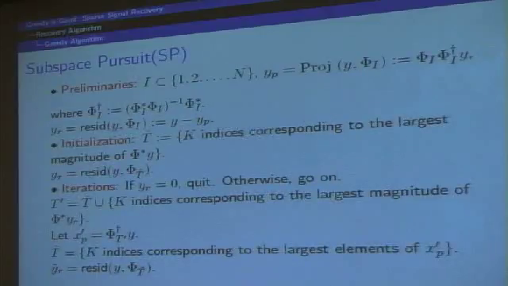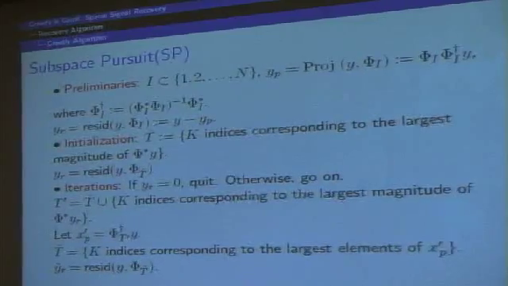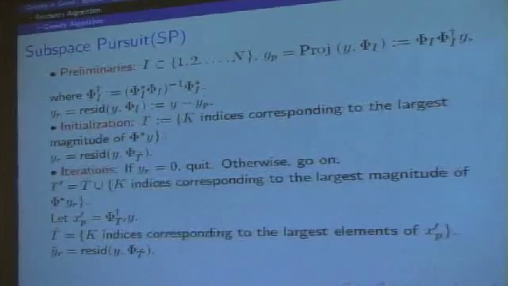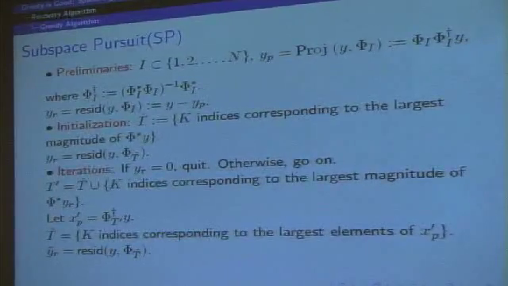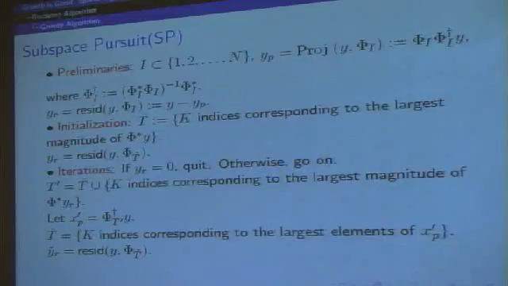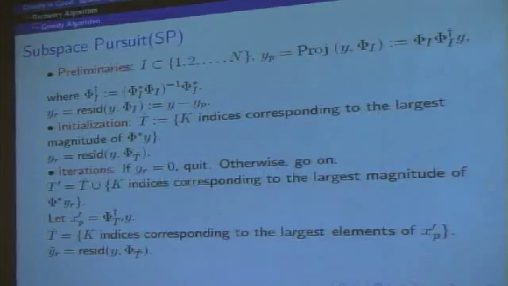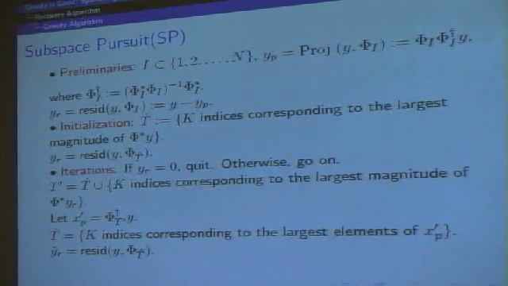And for iterations, we check first whether this yr equals 0. If this gives us 0, we quit our iterations. Otherwise, we go on, and we find this set T prime. T prime equals T hat union the k indices corresponding to the largest magnitudes of phi transpose multiplied by yr. Okay. So yr is the residue we get from the last step. We take this residue and we do an inner product with every column, and we pick the k biggest indices.